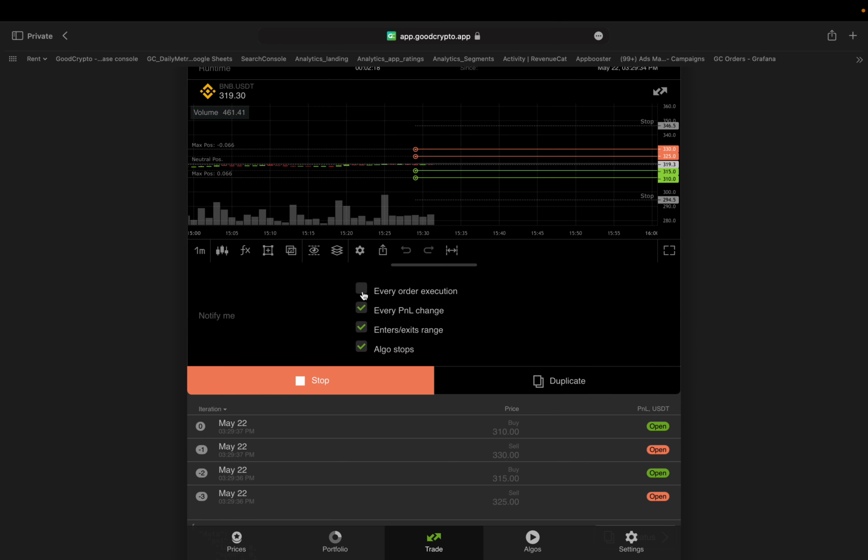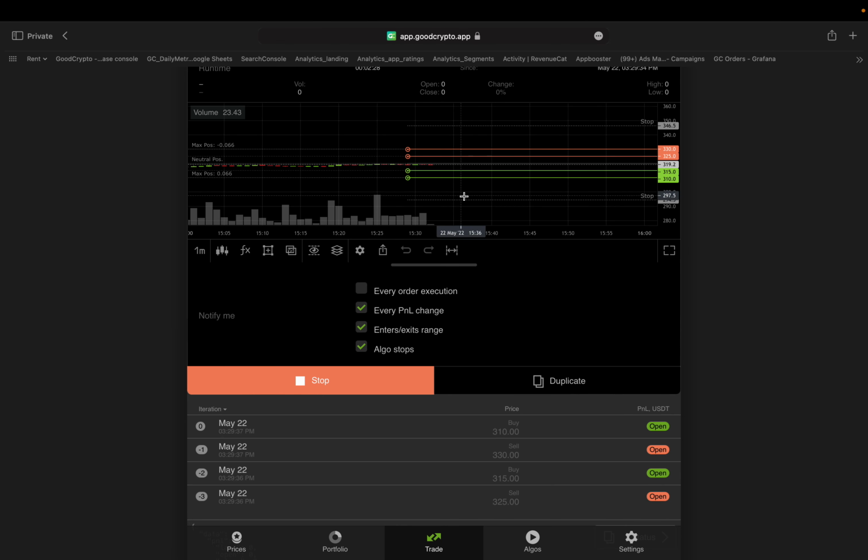The only unchecked box is every order execution. We don't turn it on by default because the grid can be quite nasty in a way that it can trade very, very often. So if you set up a very tight grid with a lot of grid levels, you'll be spammed basically with notifications.